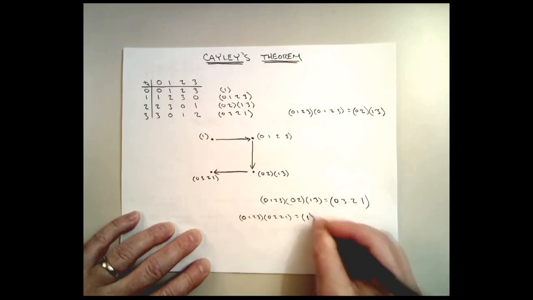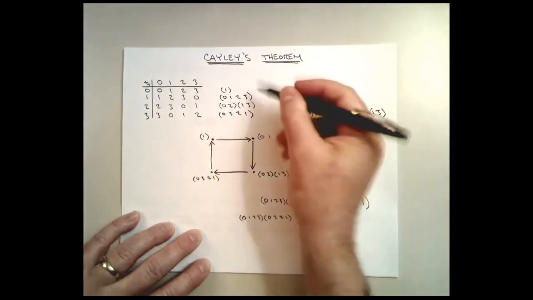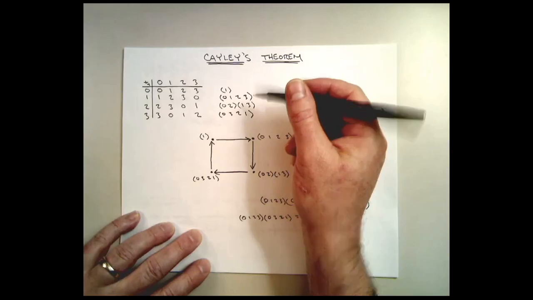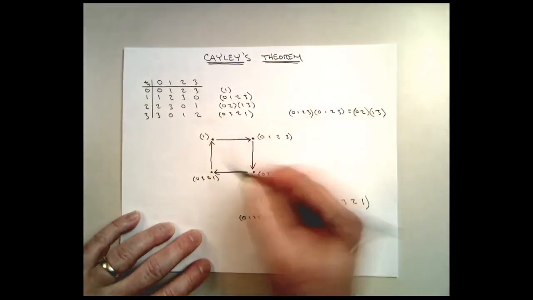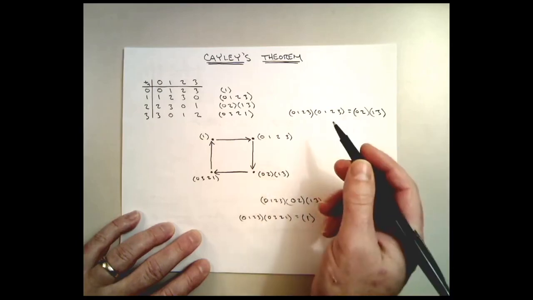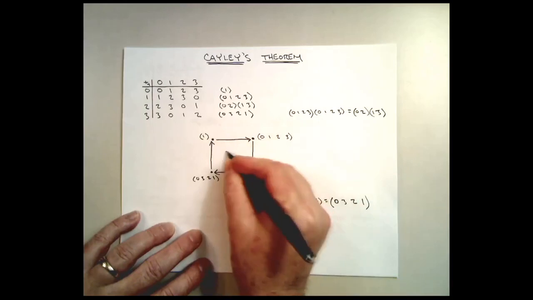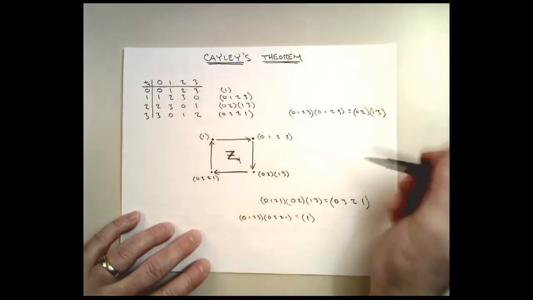We get the identity permutation. And so what we have is that these four permutations that were viewed as being represented by the rows of the operation table turned out to form a group. You'll recognize this Cayley graph as Z4, which is exactly the group we started with.